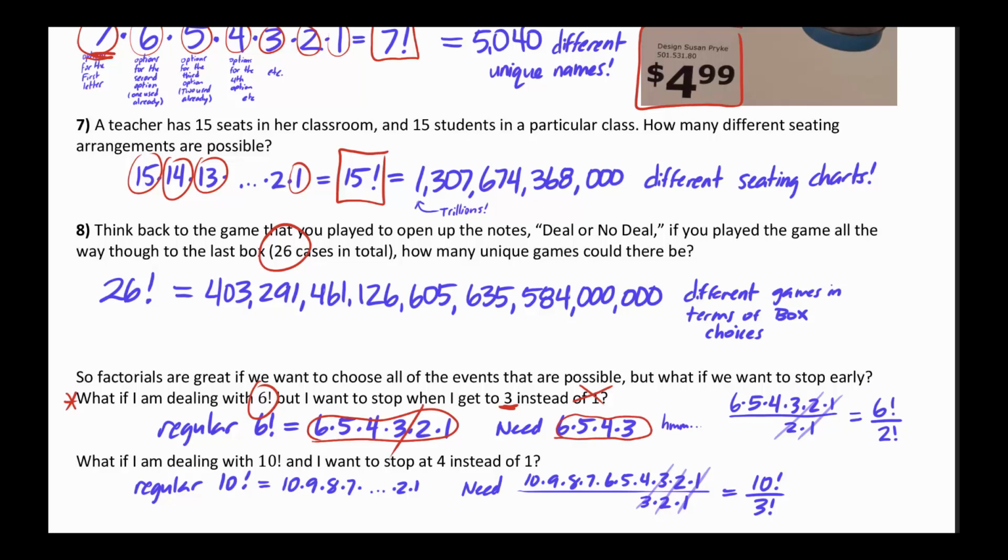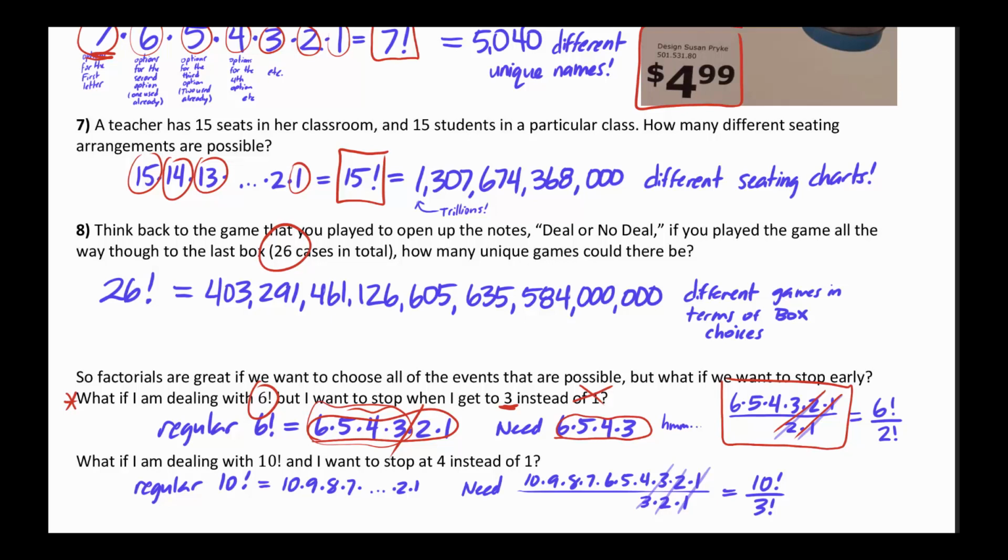How can I get a 2 times 1 canceled out? Well, I can cancel them out actually by dividing. So if you look over here, I put 6 factorial in the top of a fraction, and then I put the numbers that I needed to cancel out in the bottom as well. That way 2's will cancel, 1's will cancel, and I'm left with just this first piece. 6 times 5 times 4 times 3.